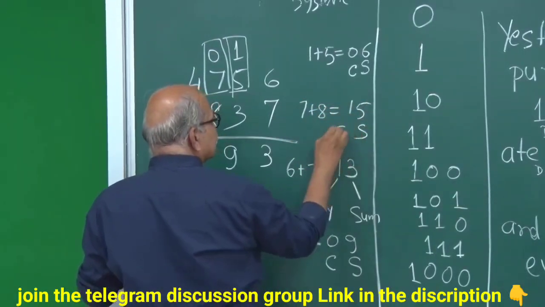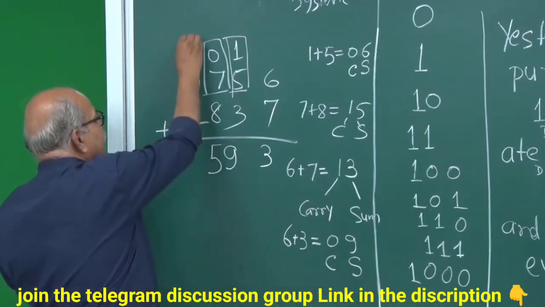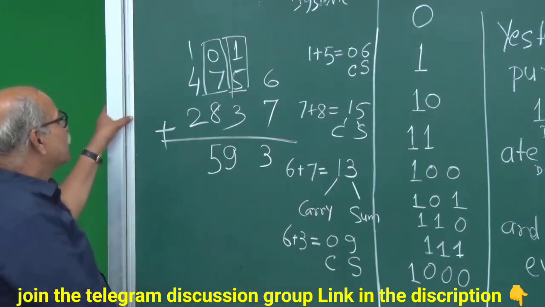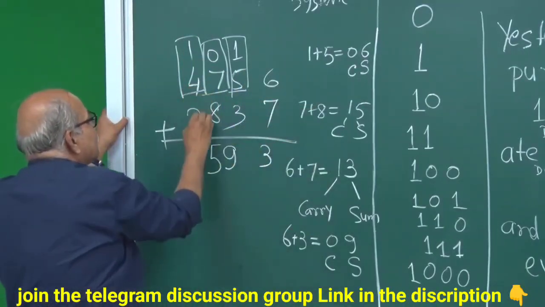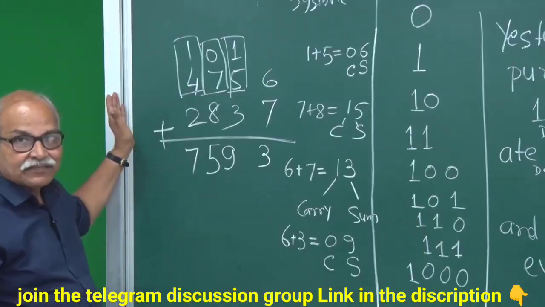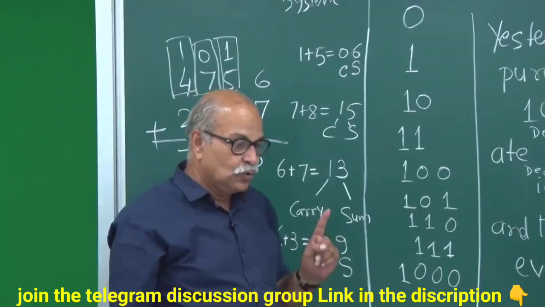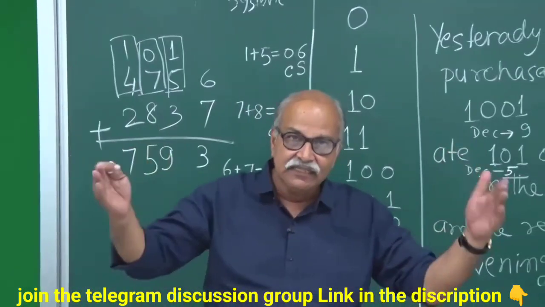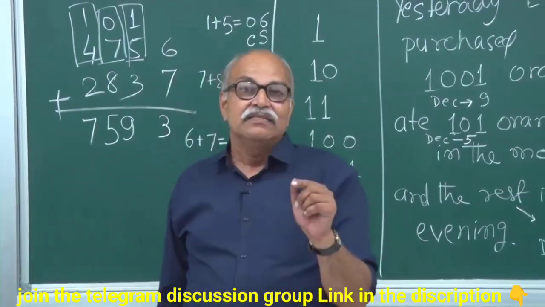So, this is the sum, this is the carry, and so sum I will write here and the carry I will write here. Then once again 1 plus 4 and same story, then 5 plus 2, same story, 7, and the process ends.